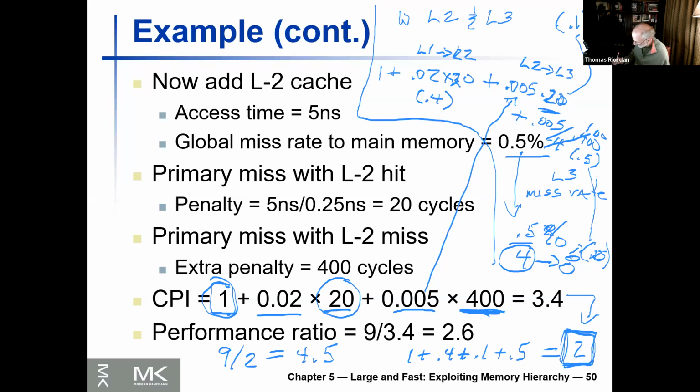And our biggest factor now is back to our primary cache. If we make this number here 0.25 by making the L3 8 times bigger than the L2, a much more reasonable thing to do. If you're going to bother to put an L3 down there, you might as well make it big. And we're now back to it's the primary to secondary cache that has the biggest impact.